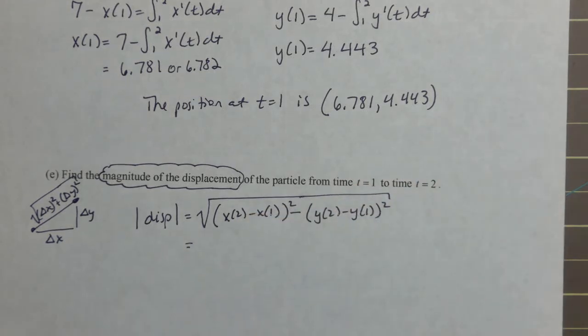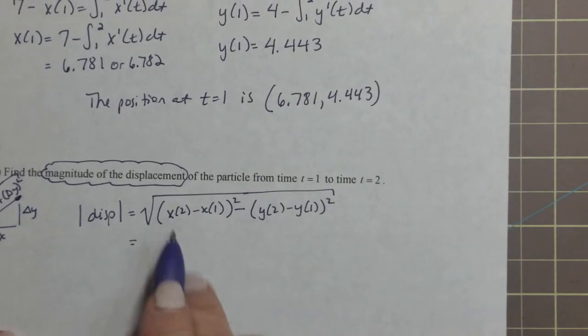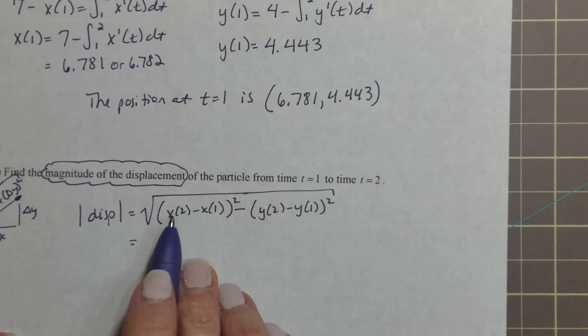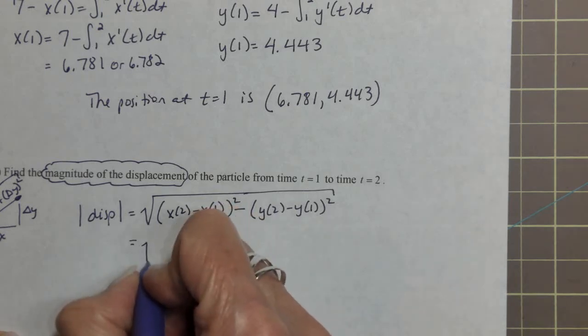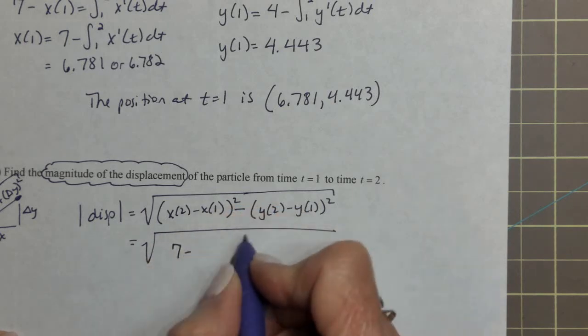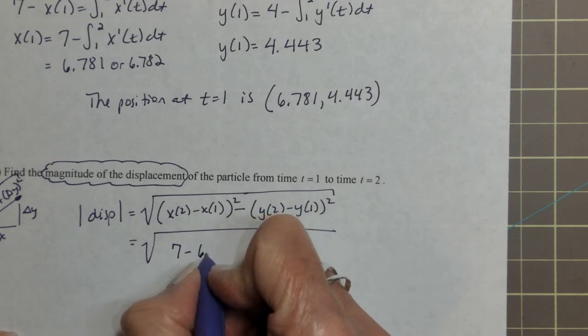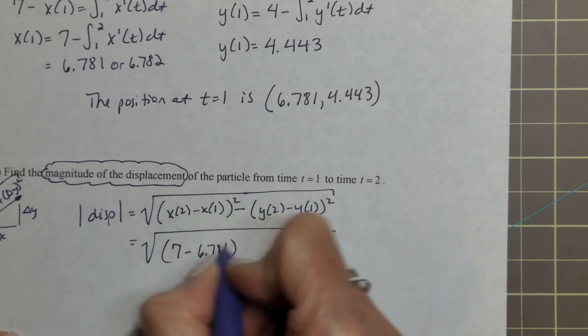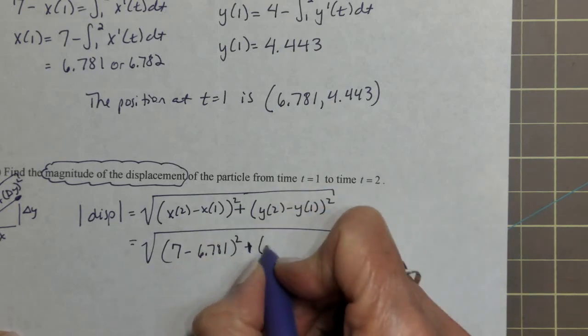Alrighty? So, let's see. We were given the x of 2, we were given these. So x of 2 we were given is 7, and we just found x of 1. Plus in here, goodness, plus.